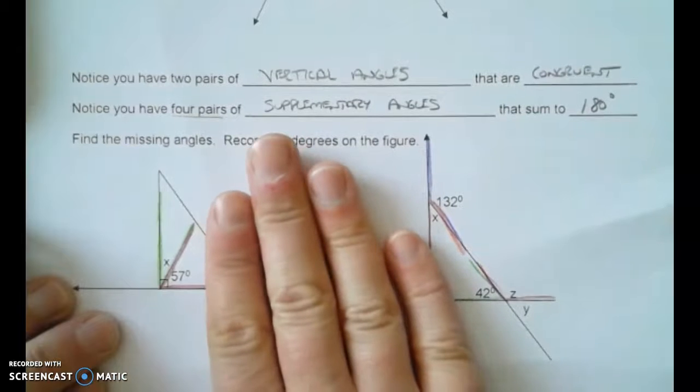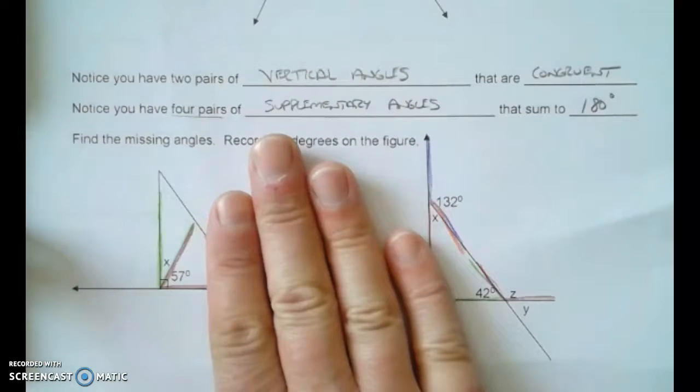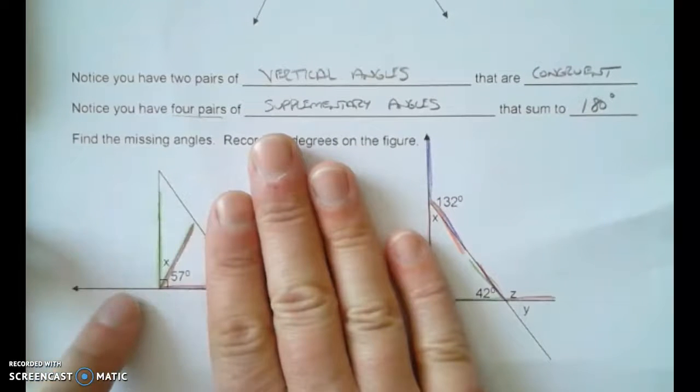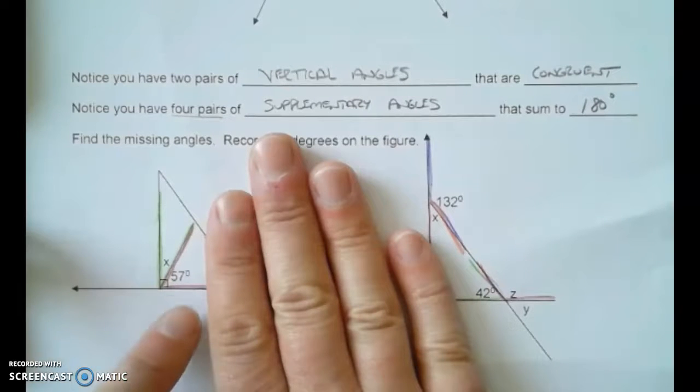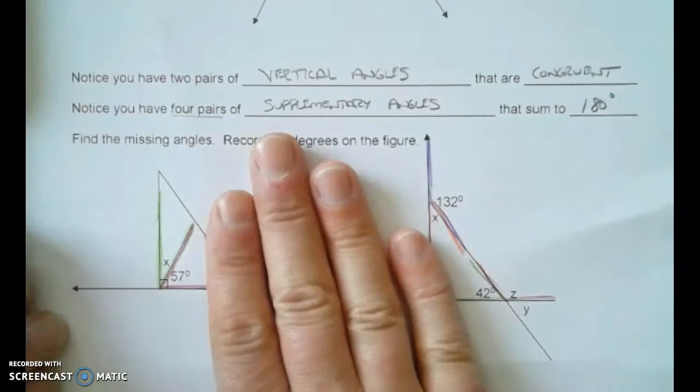If I look at these two angles together, notice that they form a right angle. Angle X and the 57 degrees together form this right angle. They're called complementary angles.